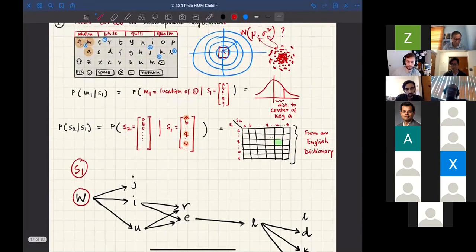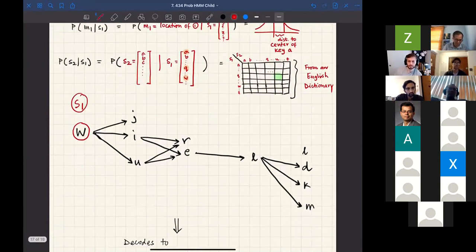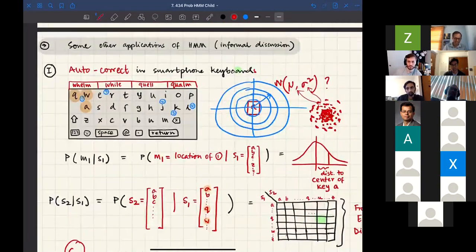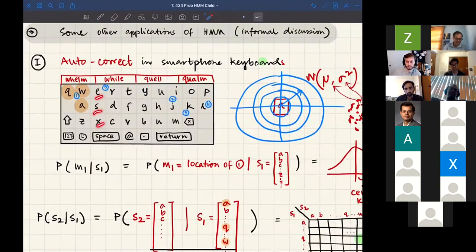Given your initial measurement being close to W, W is very much a possibility, the other possibility is Q, and maybe A. These are strong possibilities. E, S, X, or Z are lower possibilities because this distance is larger.